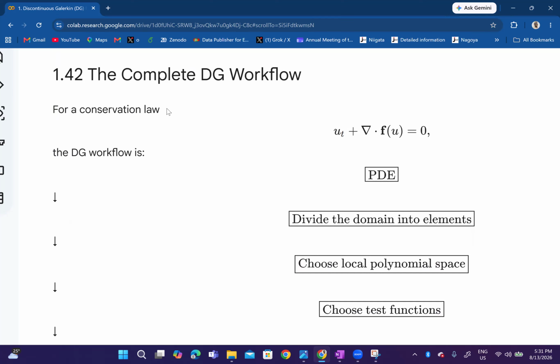Then we have the complete discontinuous Galerkin workflow here. For a conservation law, you have u sub t. This is a generalization of the conservation law, just like the u sub t plus v u sub x equals 0 we had before.